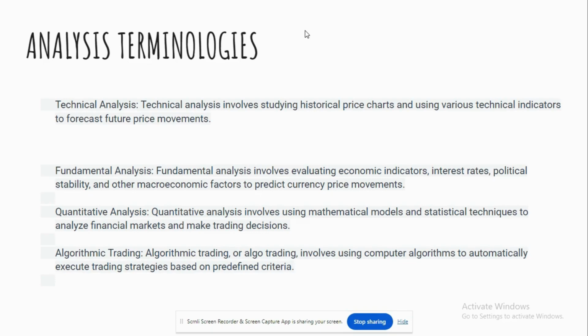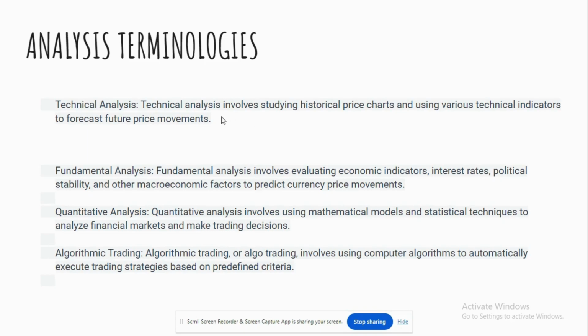And quantitative analysis is where they use mathematical models and statistical techniques to analyze financial markets and make trading decisions. I'm going to explain each and every one of them in a way that you're going to understand. Algo trading, or algorithmic trading, involves using computer algorithms to automatically execute trading strategies based on predefined criteria.